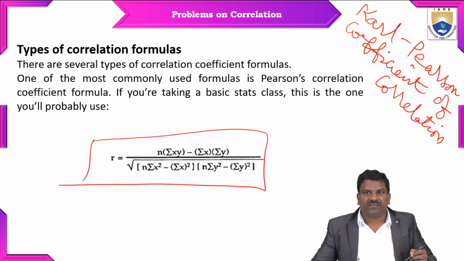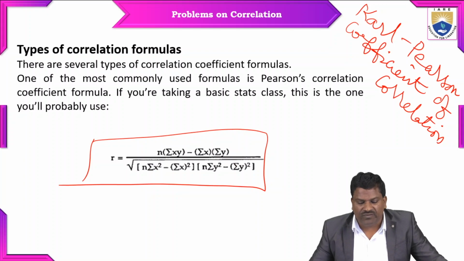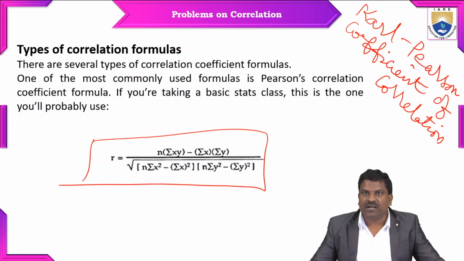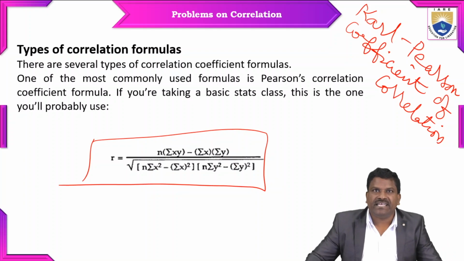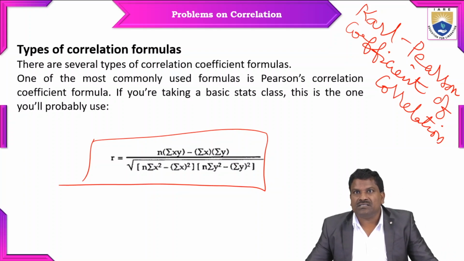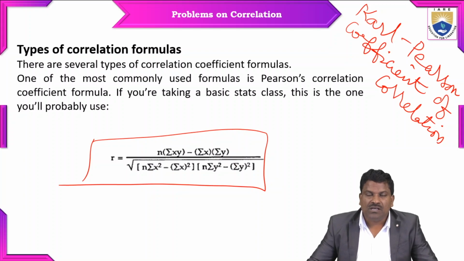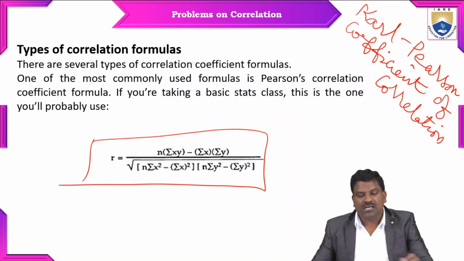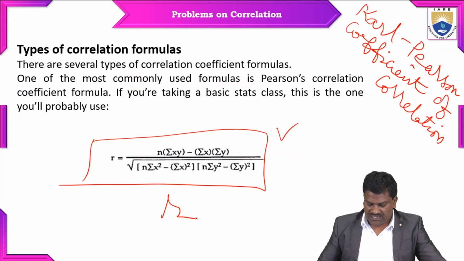So sigma x whole square we have to find, sigma y whole square we have to find. A big tabular form we have to write there, and using that table, with the help of those values, we have to substitute all those values in this formula, and we will find the value of R, rank correlation.